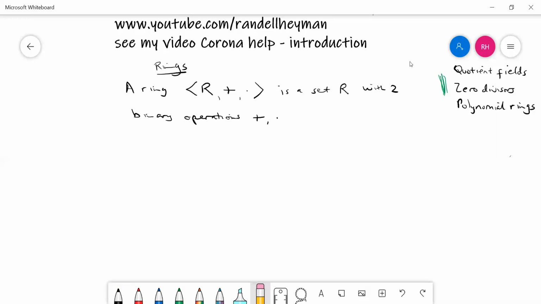Actually, just to be a little bit clearer, let's write them as + and ·, which we call addition and multiplication.